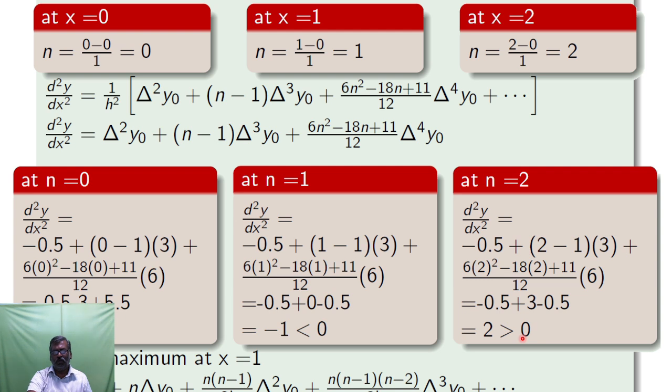So in both cases you can tell whether the function is a maximum or a minimum. Again, to get the maximum or minimum value, you have to substitute this value in your original Newton's forward interpolation formula.